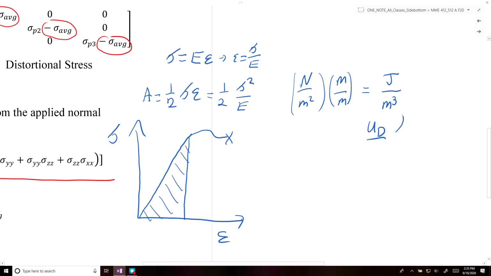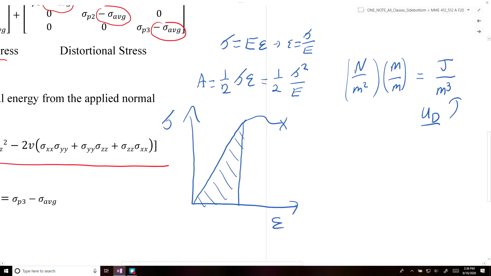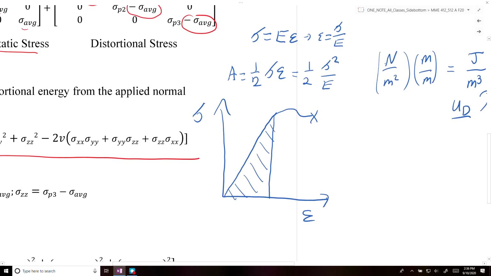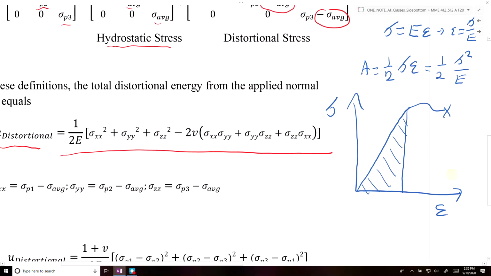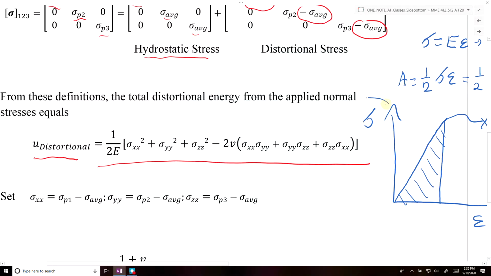All right? So that was for a uniaxial case, but it can be extended out to a case of triaxial stress, which is how we get this term here.